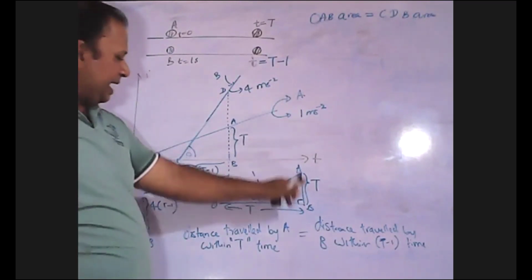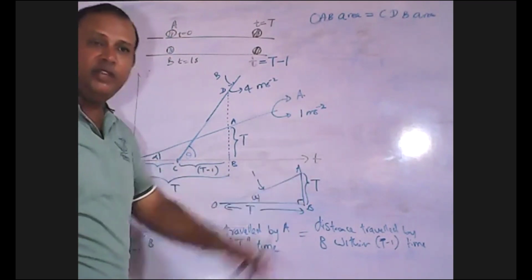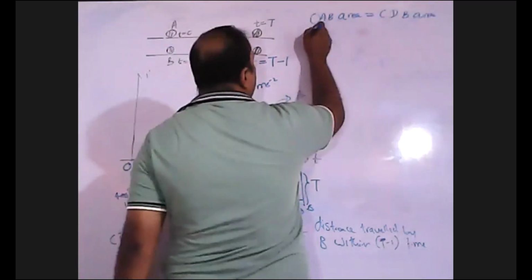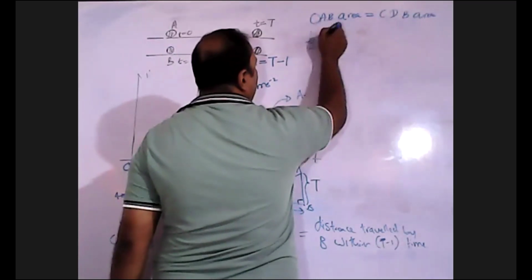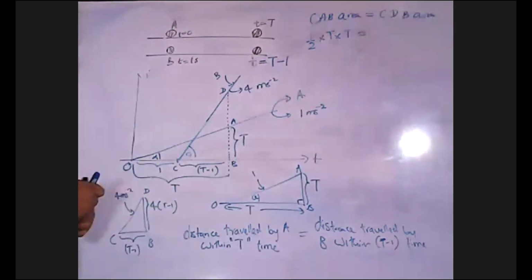OAB area means this area, so half T into T. Therefore, OAB area, half T into T, is equal to the CDB area.